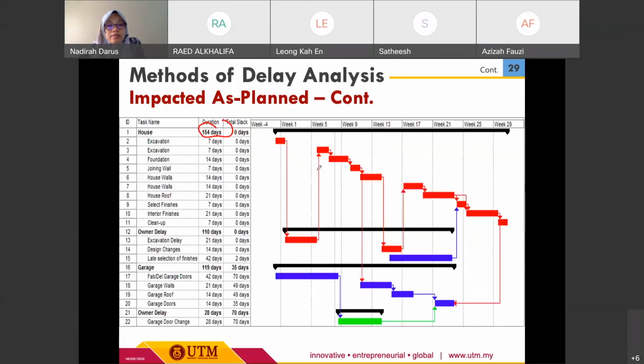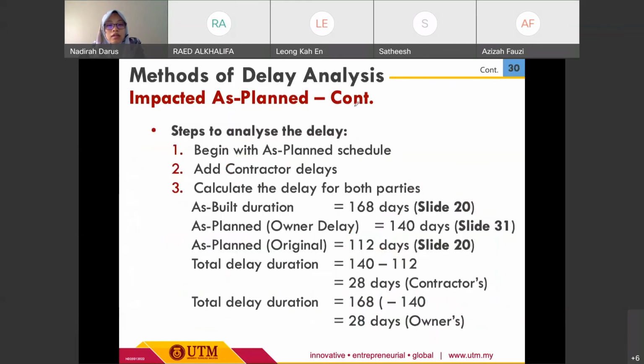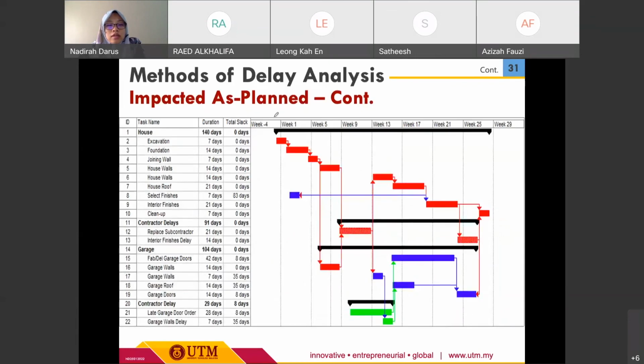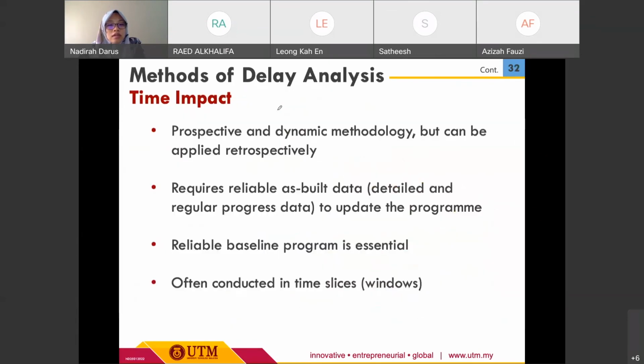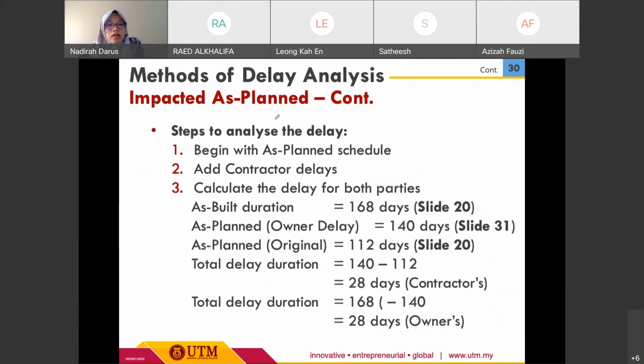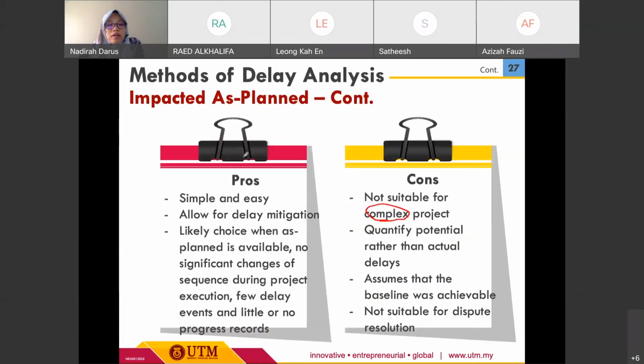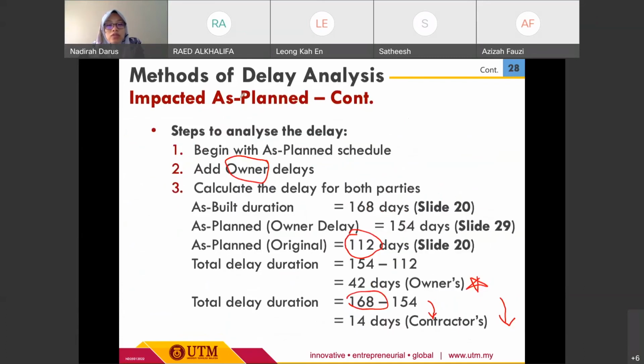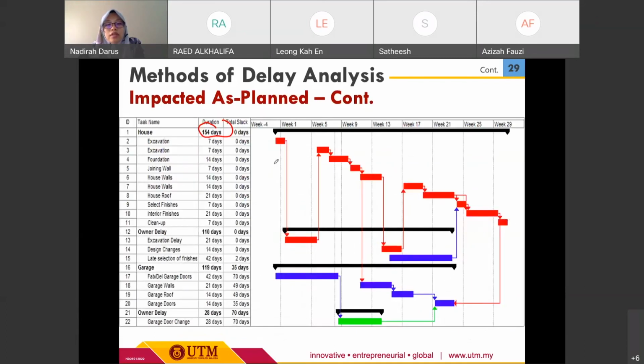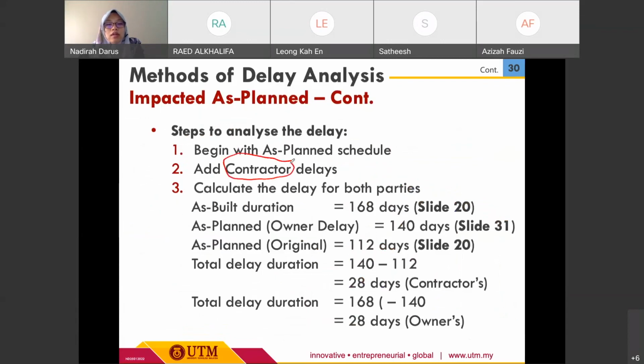The other thing is that previously we added on the owner delays. Now using the same method, we add the contractor delay. So we just repeat the same steps, but we need to have the as-planned with delay.